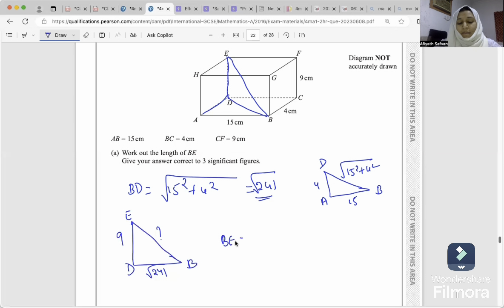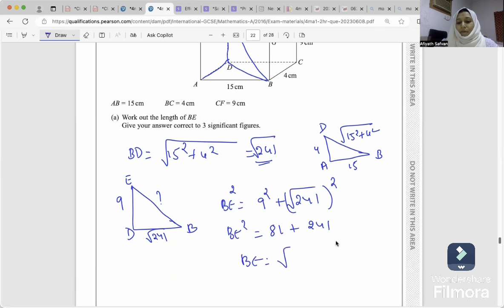Therefore, BE squared is equal to 9 squared plus root 241 whole squared. So BE squared is 81 plus 241, which is 322.